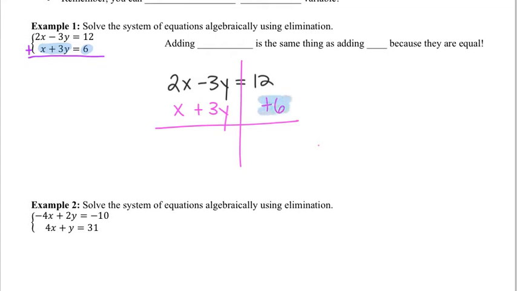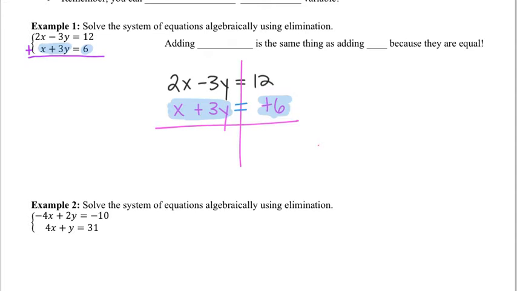So I'm adding 6 to the right side and x plus 3y to the left side, but I'm actually adding the same thing because they're equal. They're the same thing. In this system of equations, 6 is equal to x plus 3y, so I actually am adding the same thing on both sides.